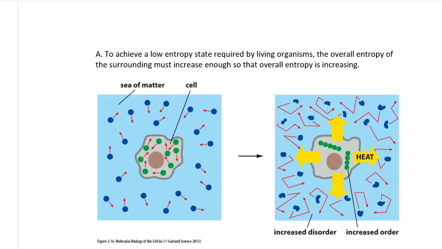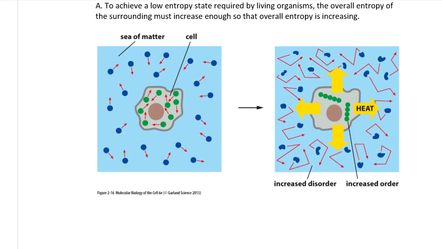Alright, continuing. To achieve the low entropy state required by living organisms, the overall entropy of the surroundings must increase enough so that the overall entropy is increasing. Here we have a picture showing a disordered collection of molecules.